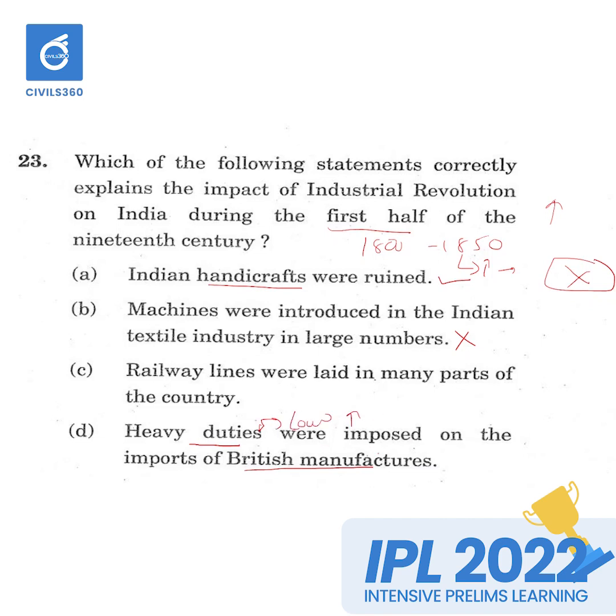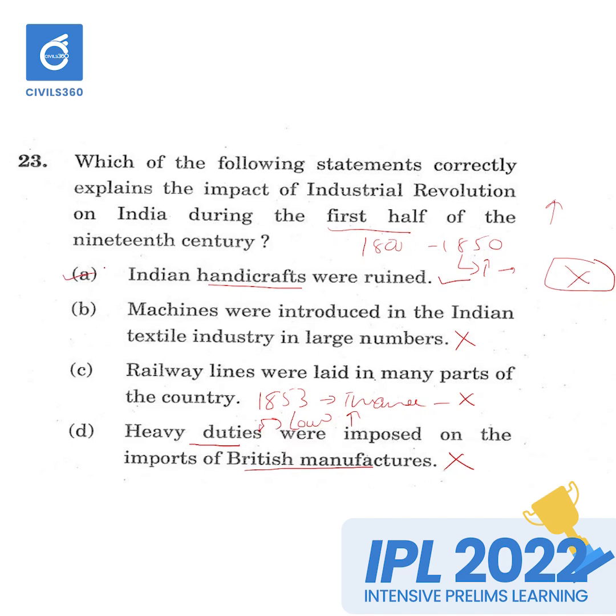So option D can also be eliminated, as it is wrong. Then, railway lines were laid in many parts of the country. It's a true statement, but we have to remember that it was in 1853 that the Thane to Mumbai line was made working. So option C can also be eliminated. So again you can come to the answer A as the conclusion.